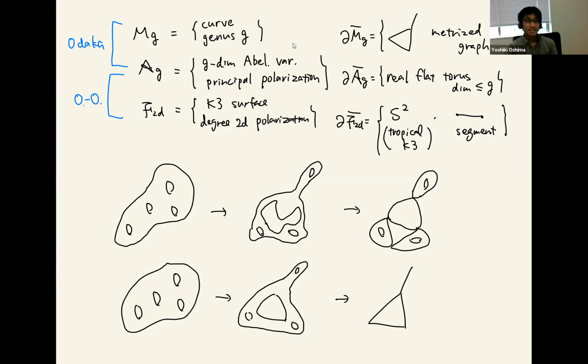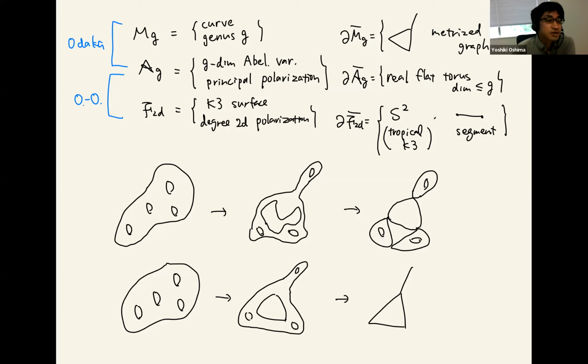In that case, the boundary parameterizes metrized graphs. This was studied by Odaka. And he also studied the abelian varieties case. Ag is the moduli space of g-dimensional abelian varieties with principal polarization. In that case, the boundary parameterizes real flat tori of dimension less than or equal to g.